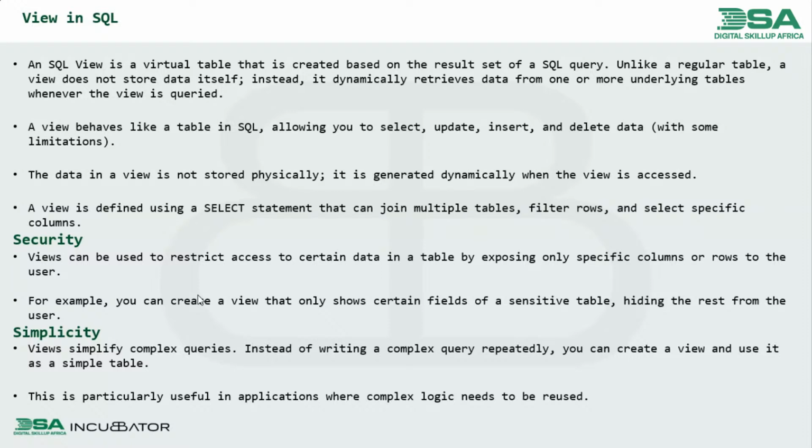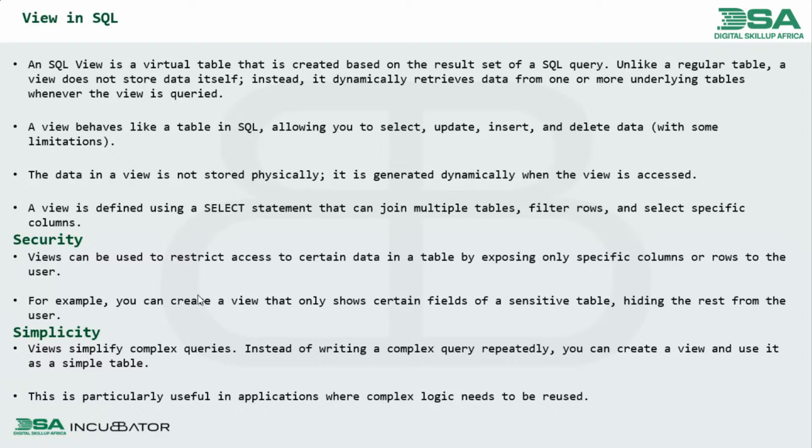Now, the data in a view is not stored physically. It is generated dynamically when the view is accessed. So whenever you access your view, you can see the changes that have happened there, right? And before you can see all those changes, the changes must have taken place in your original table. Someone says just like Google Sheets. I don't know.